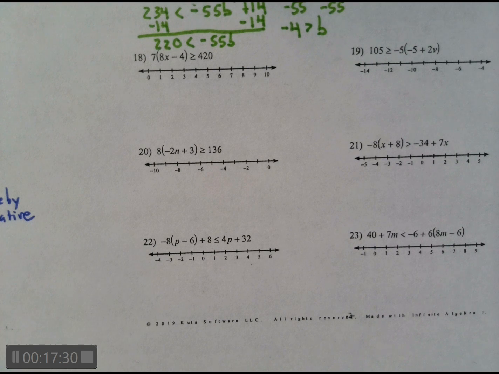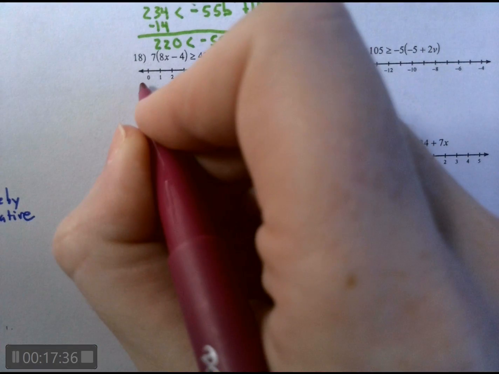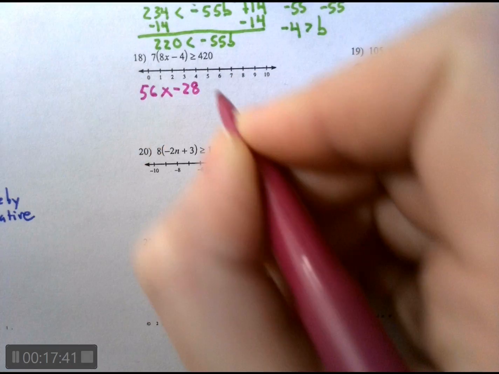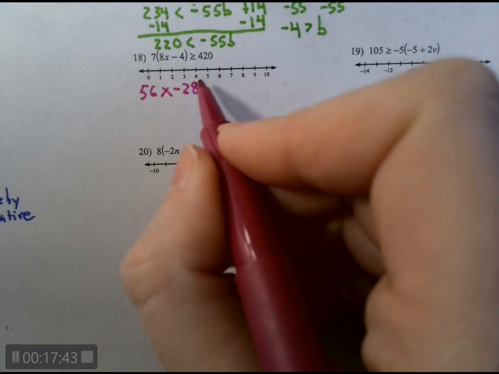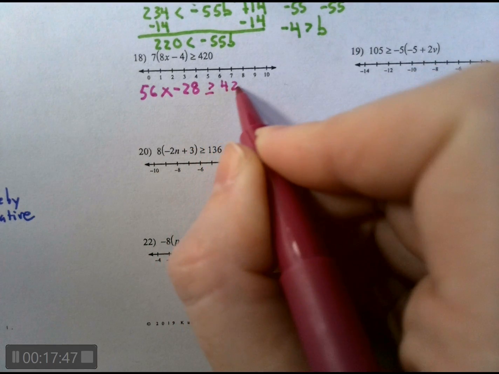Alright. Next one. Distribute your 7, so 7 times 8 gives you 56x, 7 times 4 gives you 28, negative 28 because it's negative 4, greater than or equal to 420.